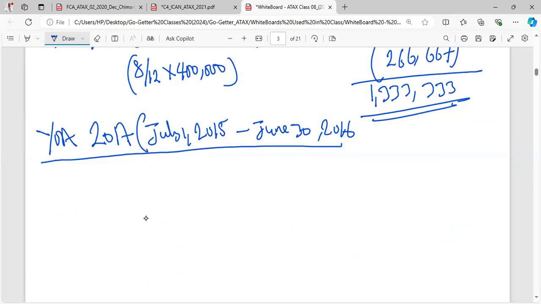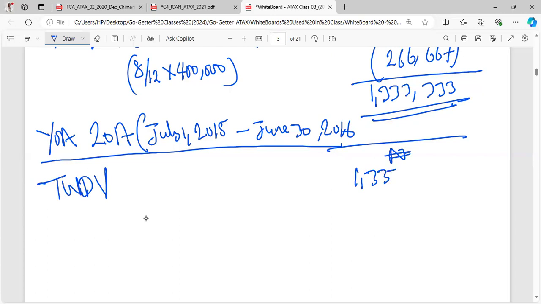Okay, so you will start with tax written down value. The tax written down value is 1,333,333.